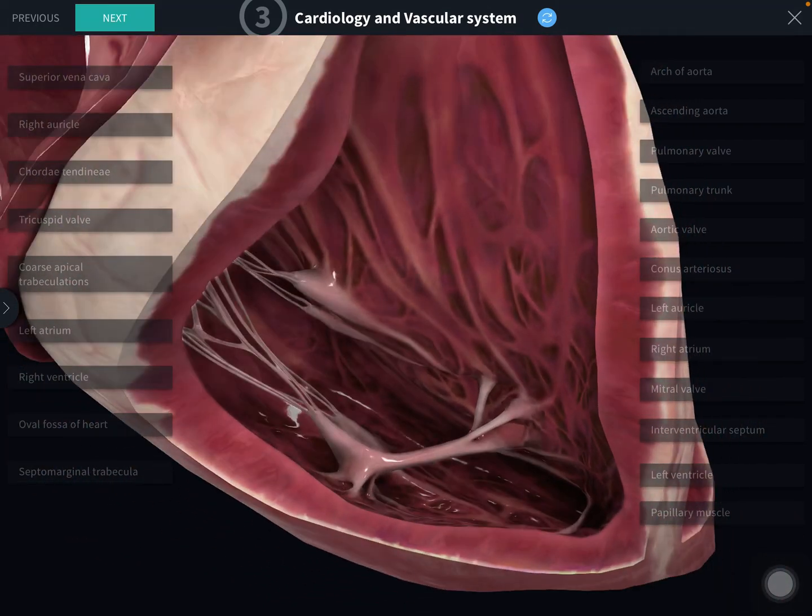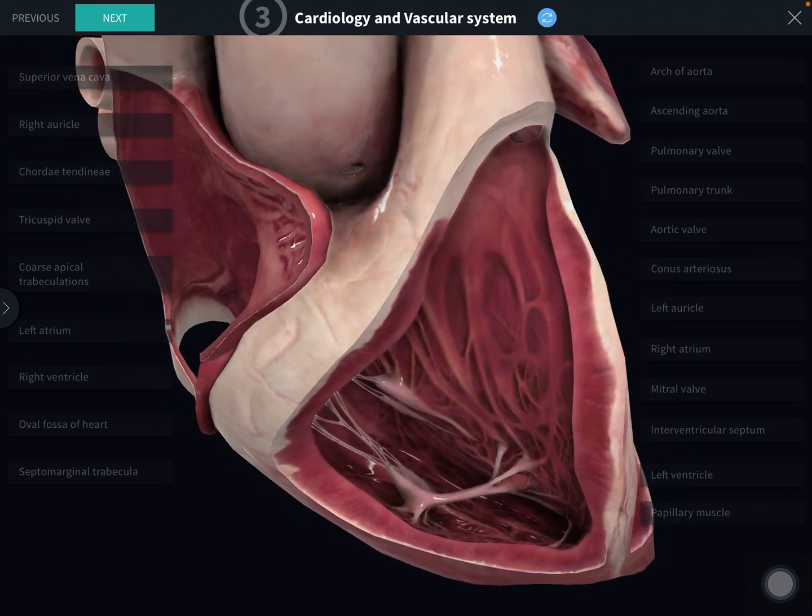Yes, that is the specialized bridge called septomarginal trabeculae, which extends from the right side of the ventricular septum to the anterior papillary muscle. So this septomarginal trabeculae conveys the right branch of the atrioventricular bundle. Its action is preventing the over distension of the right ventricle. So it is called the moderator band. So this is the moderator band.